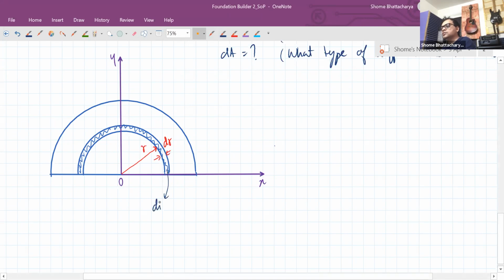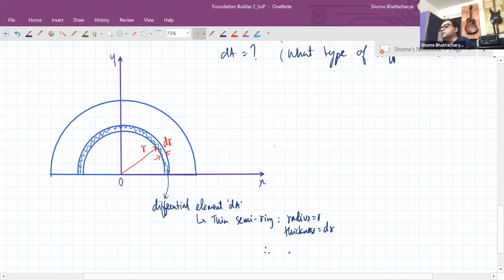This can be our dA as a thin semi-ring of radius r, thickness equal to dr, and therefore area equal to pi r into dr. Here we are using the concept that area is equal to length of the semi-ring into thickness.